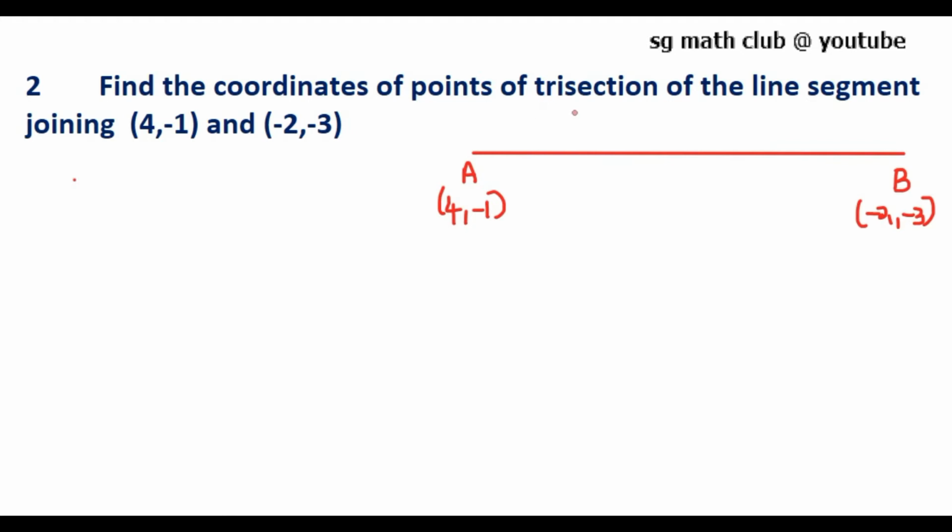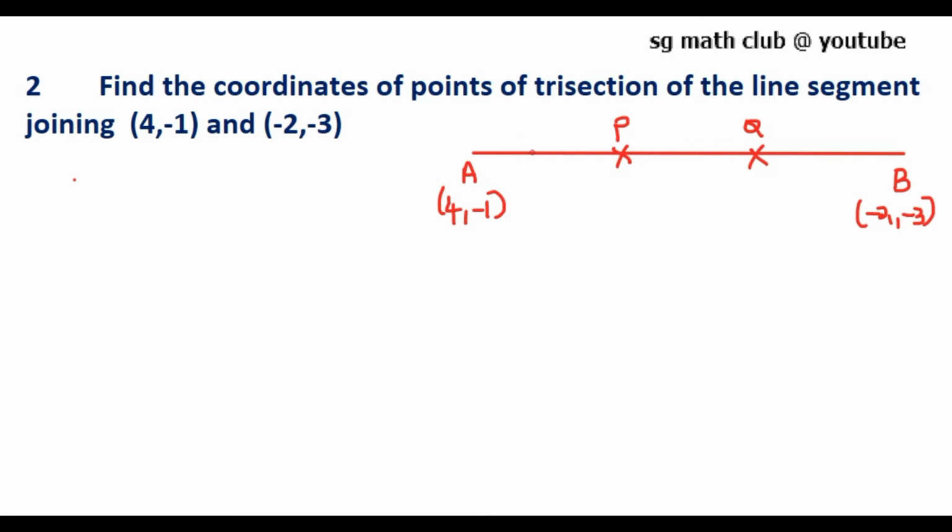So let the points P and Q trisect this line segment. Trisect means divide into 3 equal parts. So we got 3 parts now, 1, 2, 3: AP, PQ and QB. We need to find out the coordinates of P as well as the coordinates of Q.